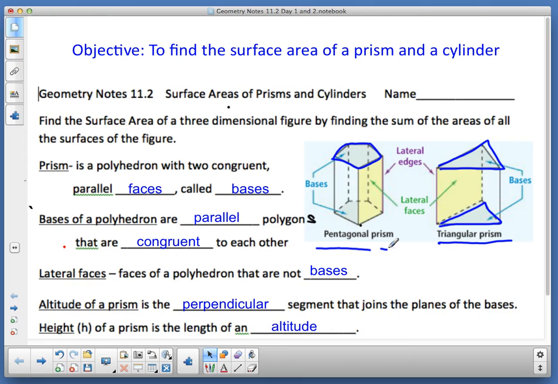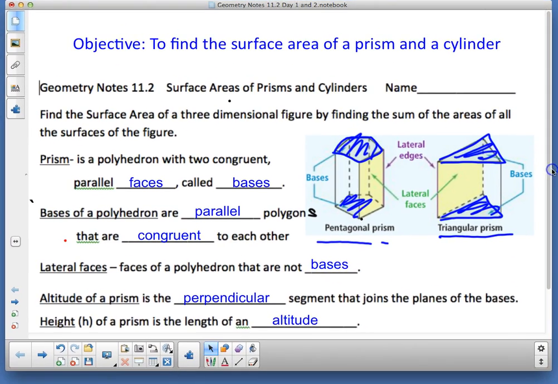So now, with the rest, we're going to talk about generally what we would do to find surface area. The bases of a polyhedron are parallel polygons that are congruent. So I talked about the bases. These are parallel to each other when we're looking at our prisms.